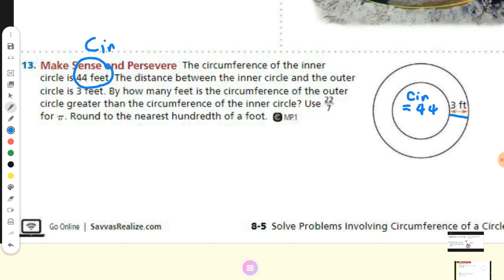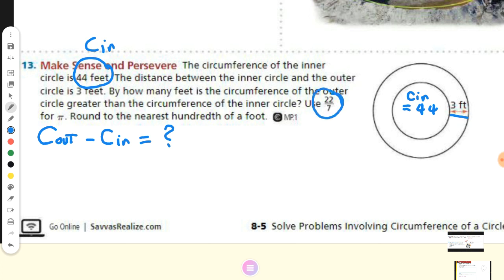By how many feet is the circumference of the outer circle greater than the circumference of the inner circle? So I need to find the circumference of the outer circle and subtract the circumference of the inner circle, because he needs to know by how much it is greater. So the difference between them. He asked for the difference. This is what he asked us about. And he asked me to use pi as 22 over 7.